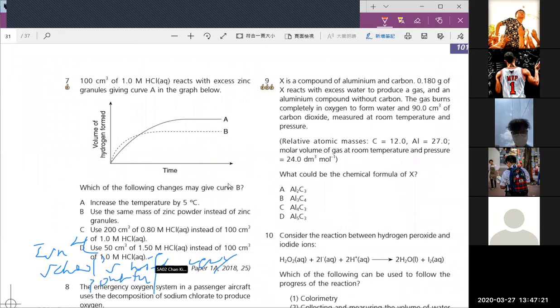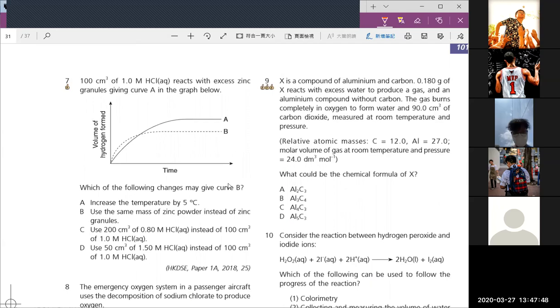Now question 7. Do you find this? We have 100 cm³ of 1.0 molar HCl reacting with excess zinc granules, giving curve A in the graph below.